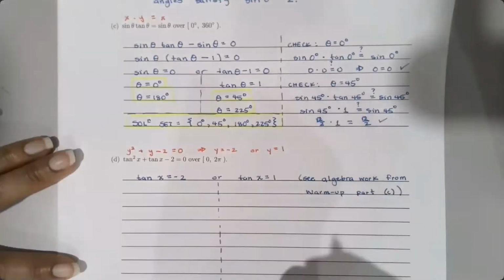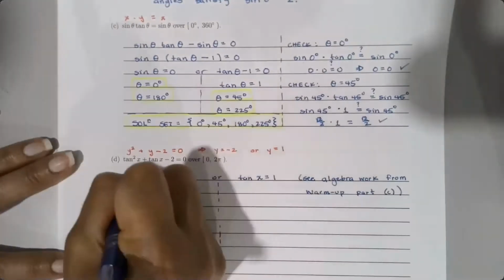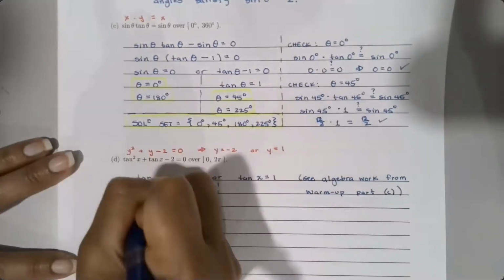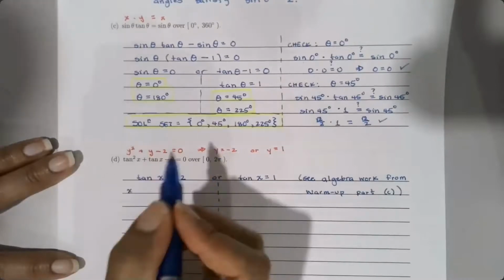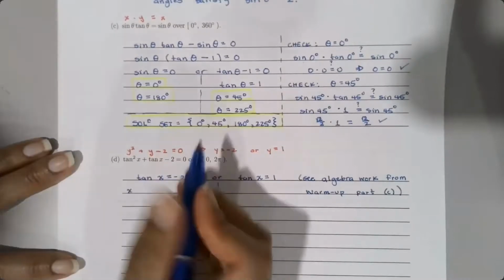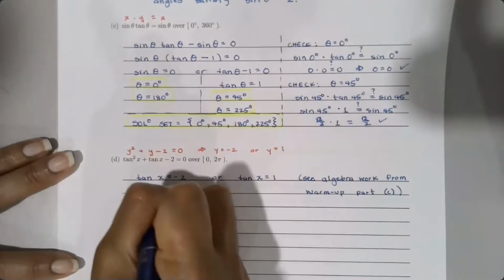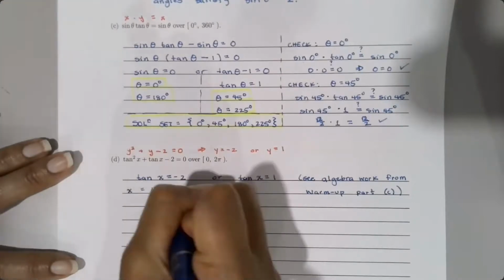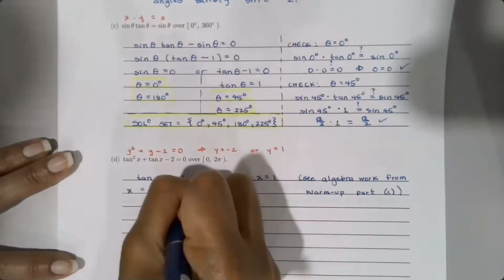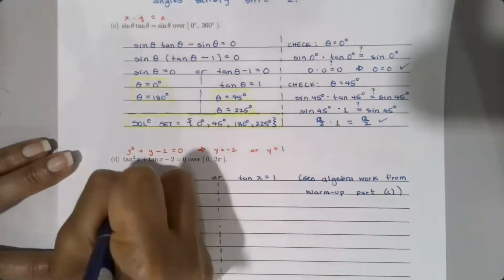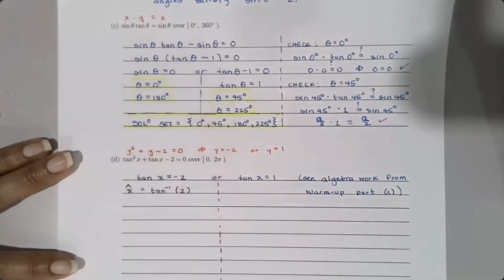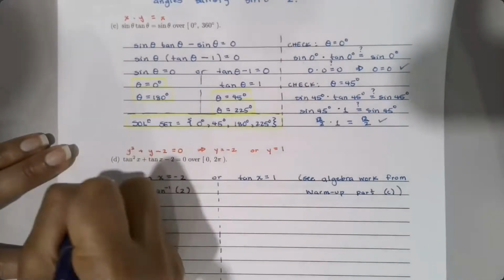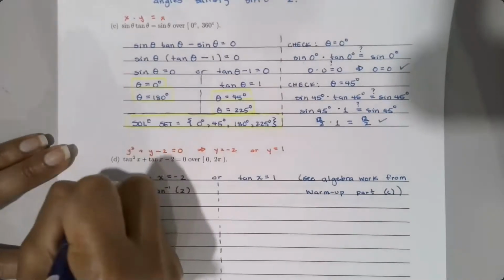And so what I want to remind you of, because this is something we haven't done in a while, is that in the calculator, if I try to isolate the x by taking tan inverse of the right-hand side, I would need to take tan inverse of the positive first of all, and that is going to return a reference angle. Okay, so here I'm going to write this is the reference angle.